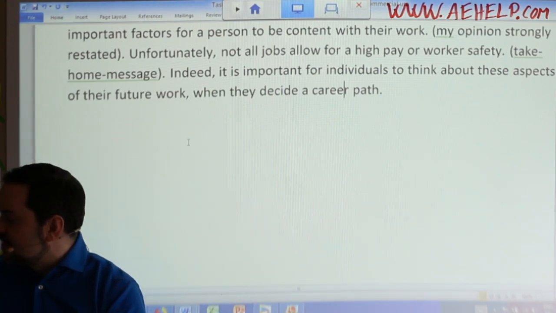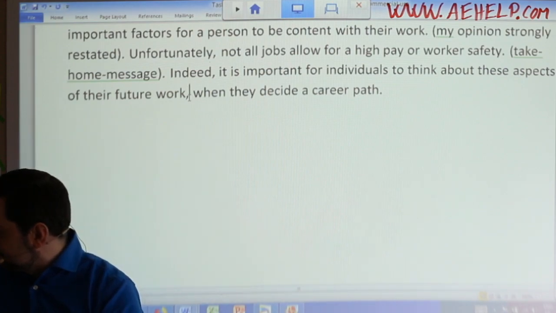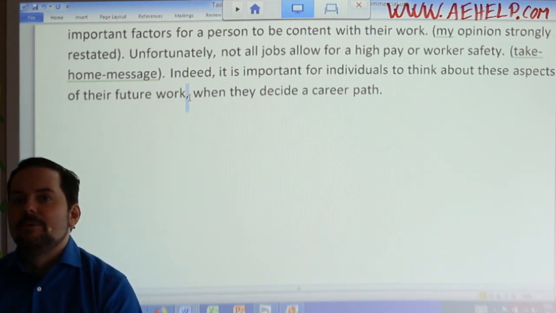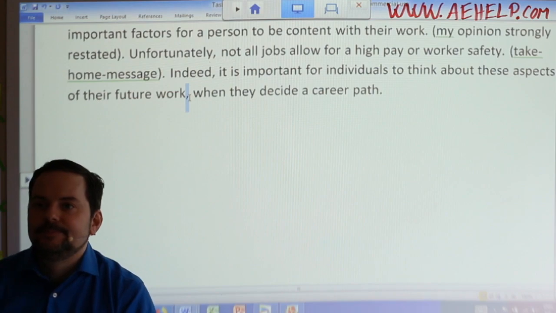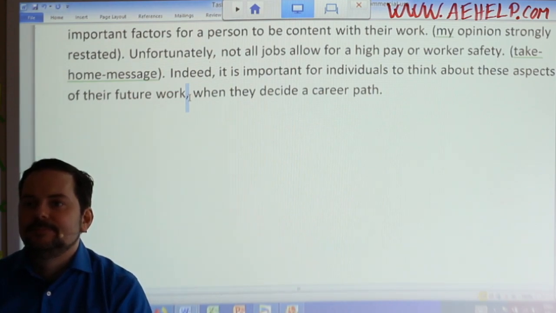Why is that a mistake, guys? Why is this comma a mistake? That comma should not be there. Why not? It's a complex sentence. It's not a compound sentence.